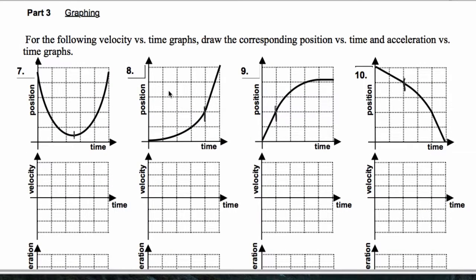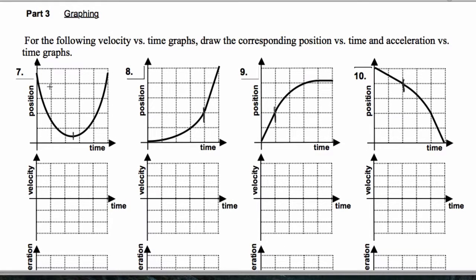So this position graph, here's what's happening. I start off going quickly backwards, and then I slow down to stop going backwards. So this is fast and negative slope. This is slow, and negative slope. In other words, I start off with a very big negative velocity, and then I stop.